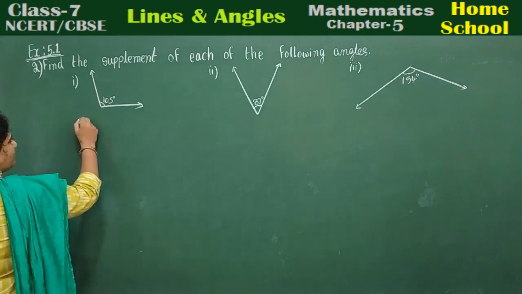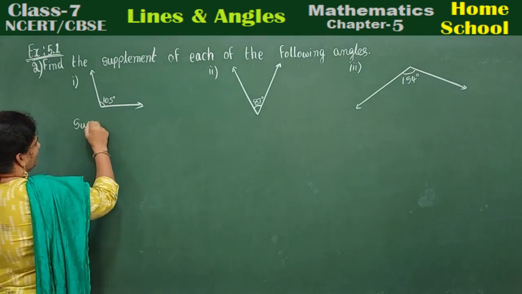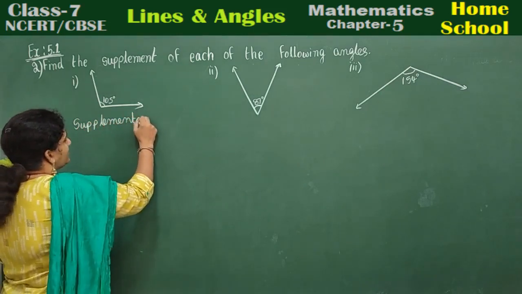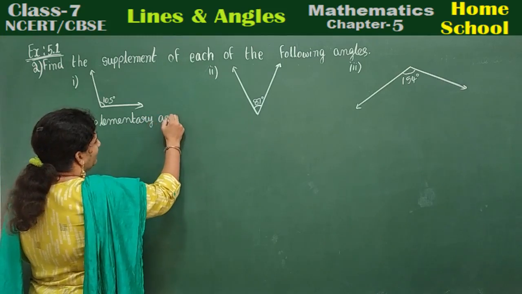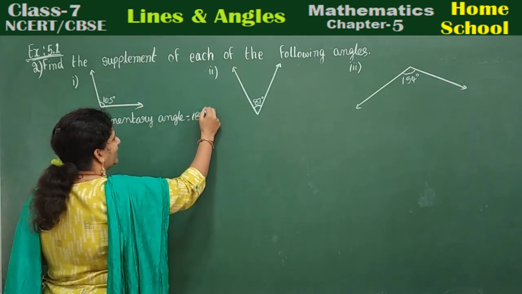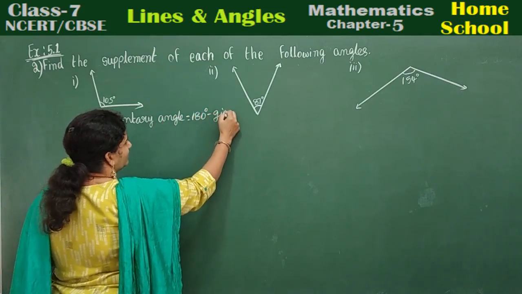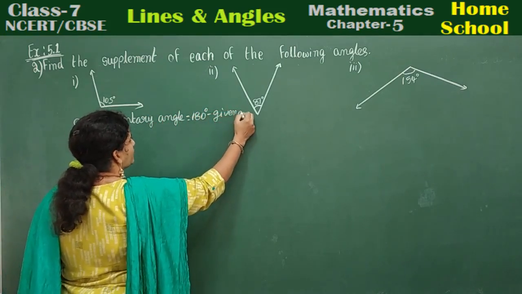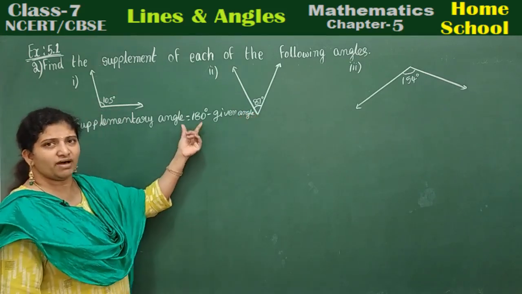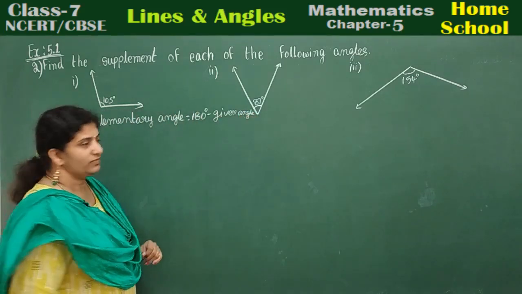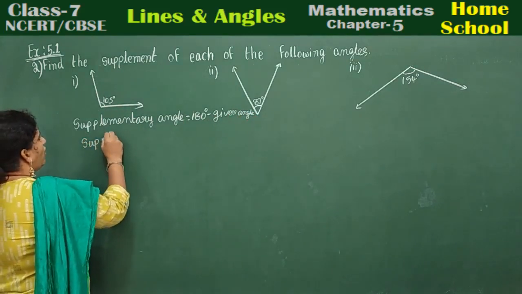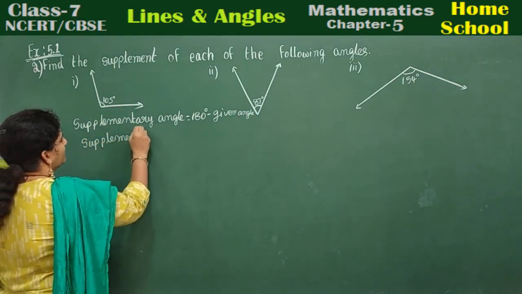So, you can remember this one as supplementary angle is equal to 180 degree minus given angle. If you remember this, you can find any angle, children. 180 degree minus given angle.